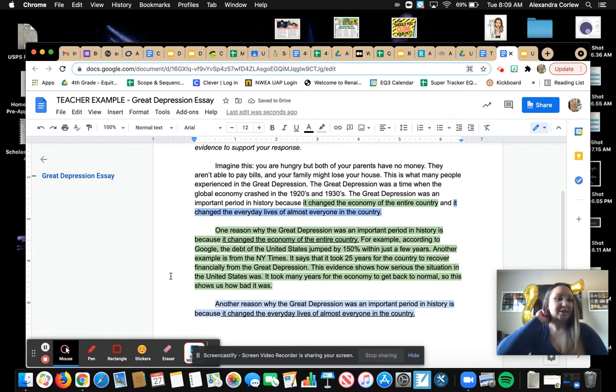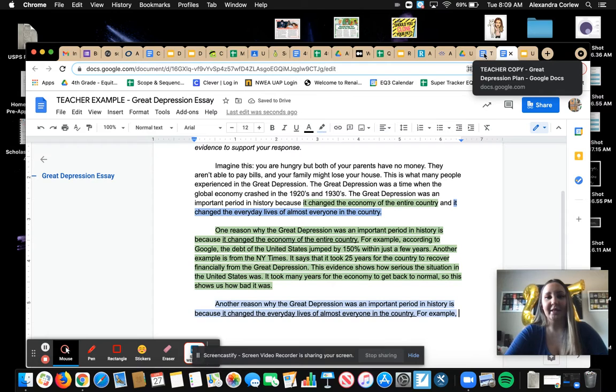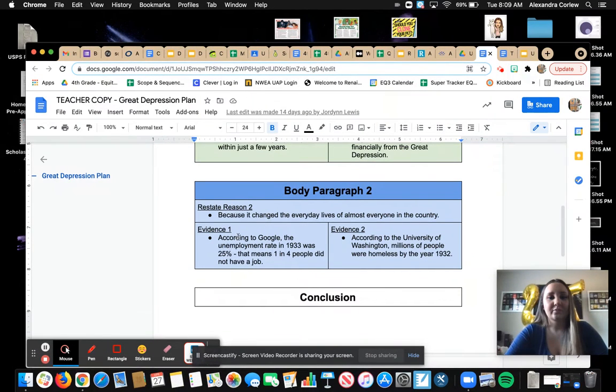Remember, this is like a CER paragraph. Next thing I need is my evidence. I do have 2 pieces of evidence. So for the first one, I always like saying, for example, right before I put my evidence. Let's go to my plan and see what it is. According to Google, the unemployment rate in 1933 was 25%.